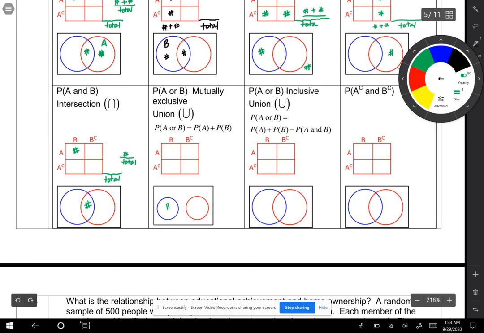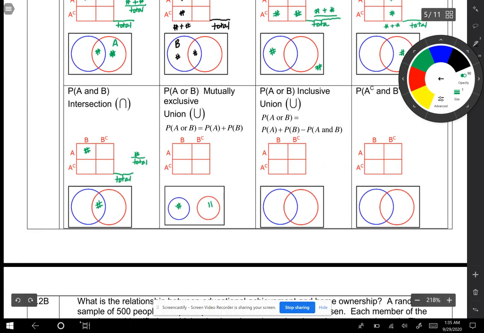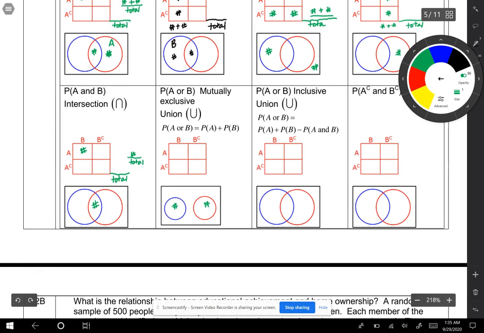So you are adding this number here and that number, because that one represents A and not B, and then B and not A. So you would add those two together. And the overlap would be null.